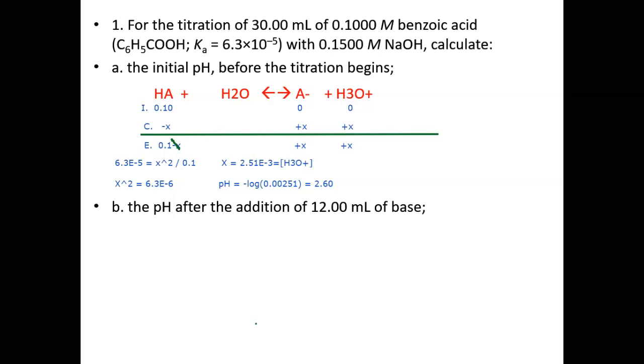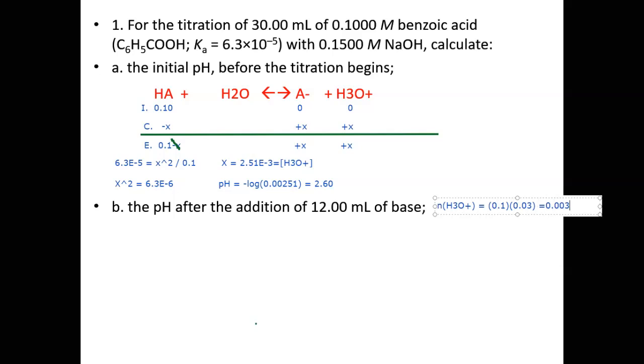Now we want to know what's the pH after we've added 12 milliliters of the base. So now we need to find out the moles of acid, which is going to be equal to the moles of benzoic acid. So it'd be 0.1 times 0.03 equals 0.003.